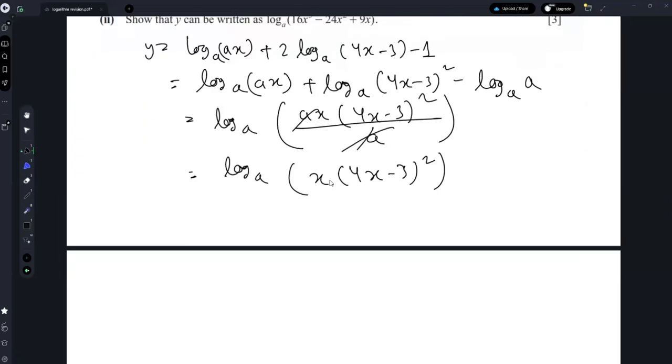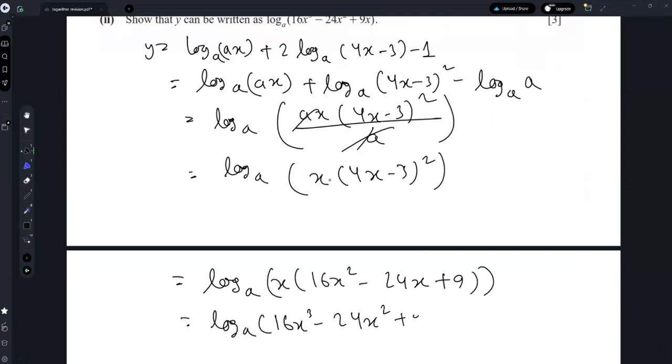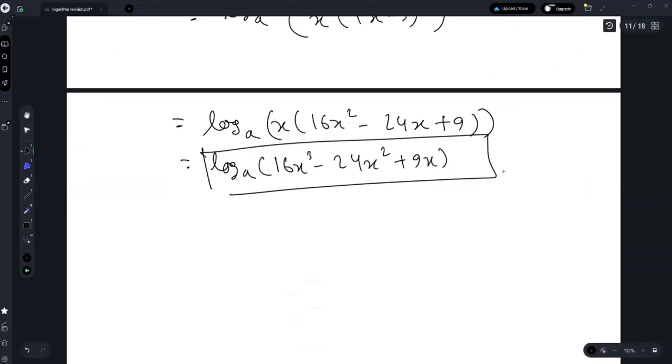So I get 16x squared minus 24x plus 9. So therefore I get log base a of (16x cubed minus 24x squared plus 9x). That's going to be the final answer. So that's going to be shown.